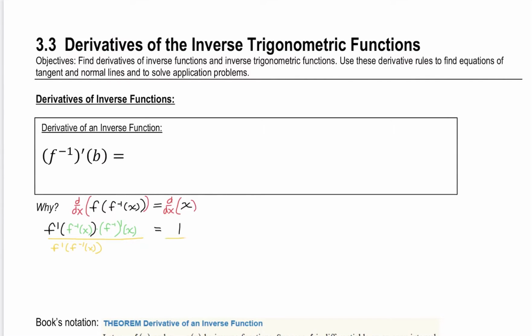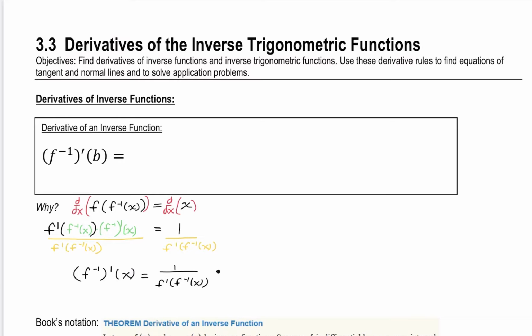And so that's going to leave us with, on the left-hand side, f inverse prime of x is equal to 1 over f prime of f inverse of x.